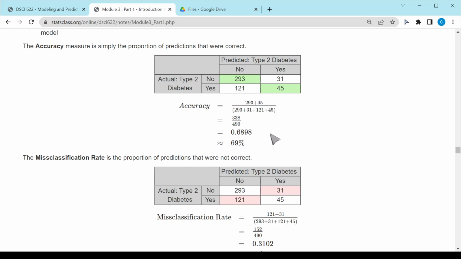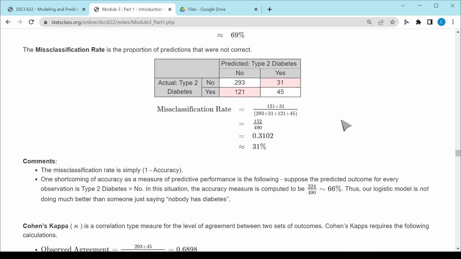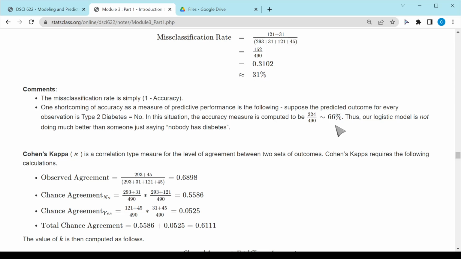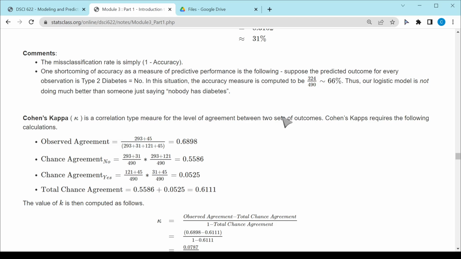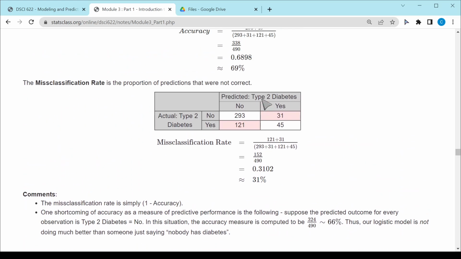You might think initially that a model with an accuracy of 69% is doing pretty good, but not really when you contrast that against somebody just saying nobody has diabetes. So that is a shortcoming in that measure.